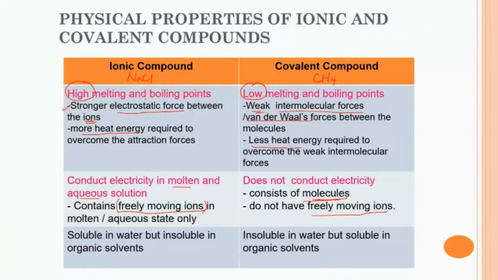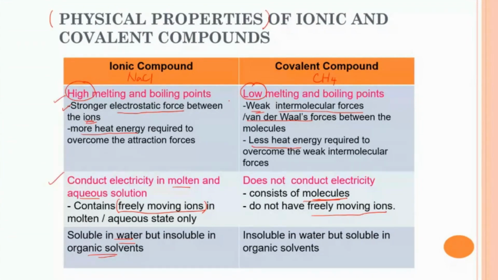Ionic compounds are soluble in water and insoluble in organic solvents. But covalent compounds are the reverse: insoluble in water but soluble in organic solvent. So remember, if an essay or structure question asks you to give a comparison on the physical properties, you can choose any two of these.